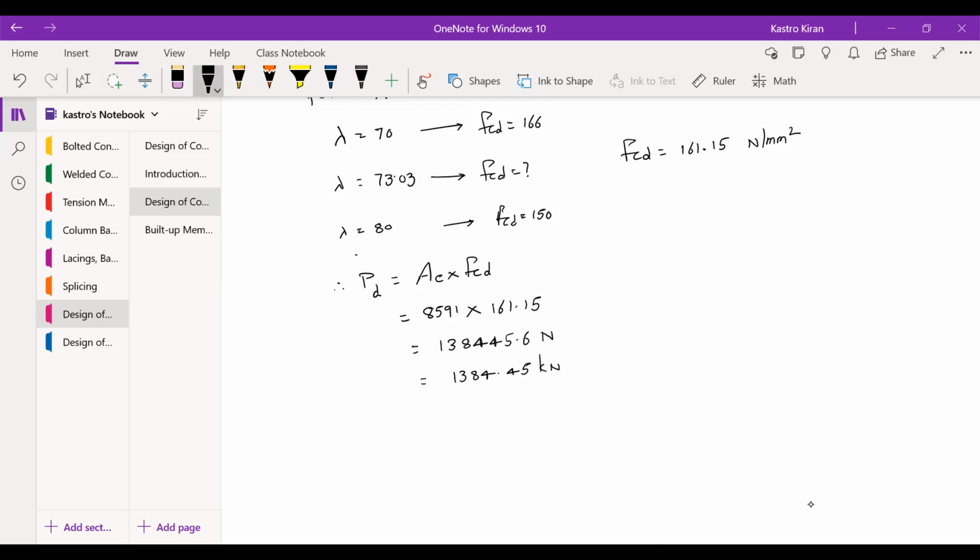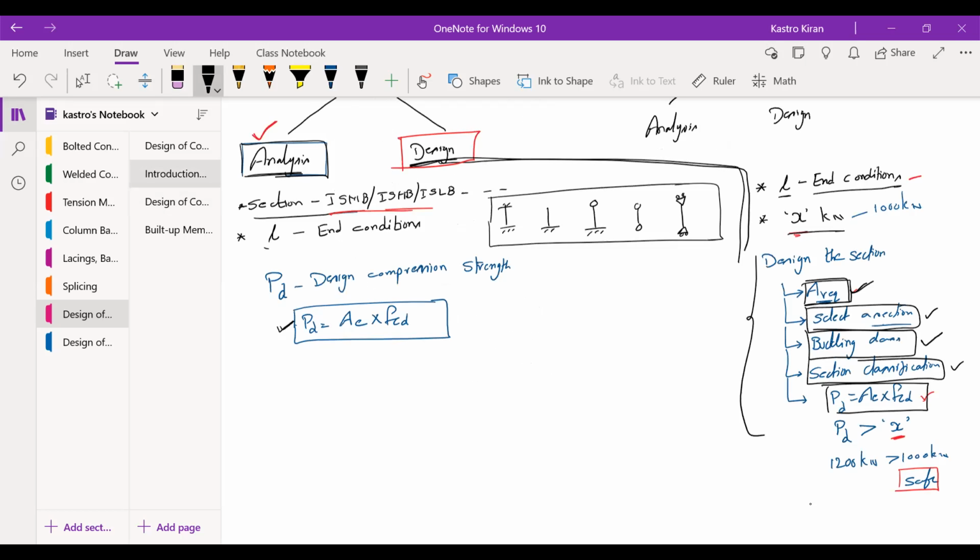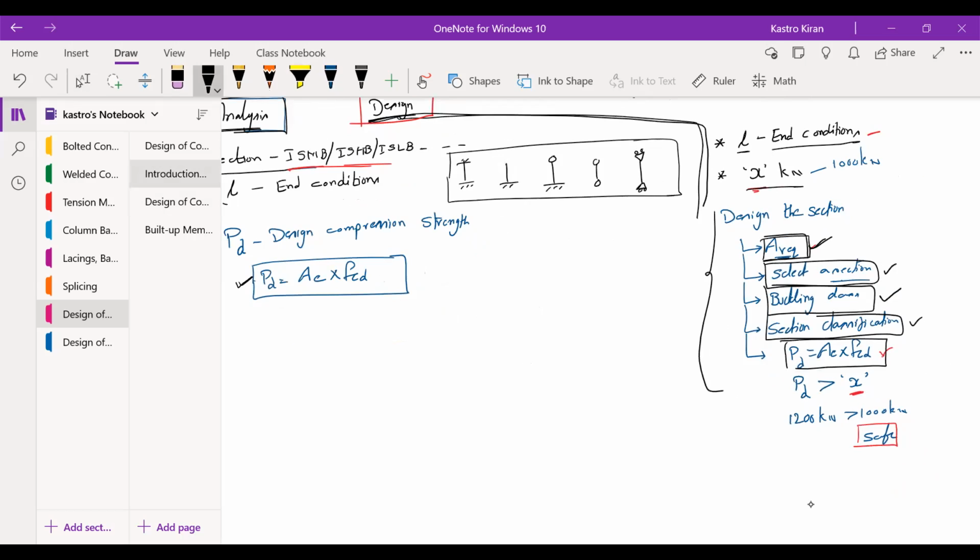Now you have to check whether the load is safe or not. How will you check? So let's go back to here. I was telling that you should find out the PD value, that is AE into FCD. Once you find the PD value, it must be greater than the value of X. X is some load which is already given in the question.